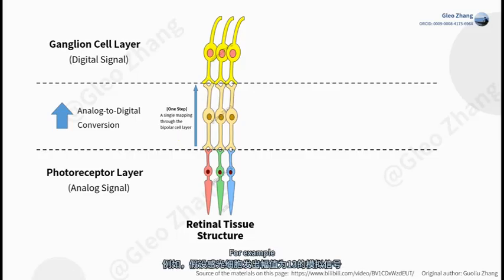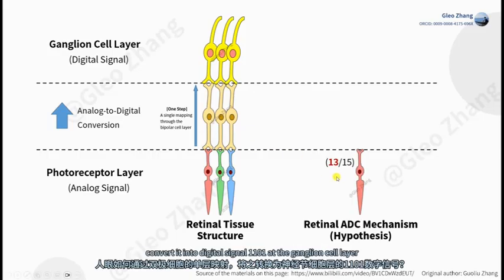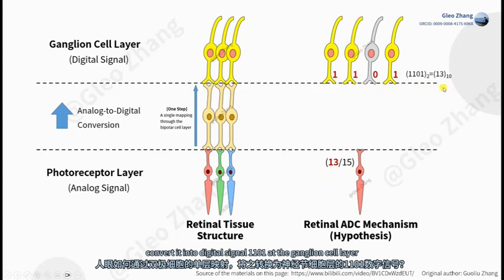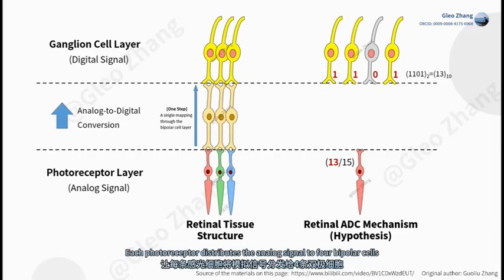For example, suppose the photoreceptor emits an analog signal with amplitude 13. How does the human retina convert it into the digital signal 1101 at the ganglion cell layer through a single mapping in the bipolar cell layer? A feasible biological implementation would be that each photoreceptor distributes the analog signal to 4 bipolar cells.